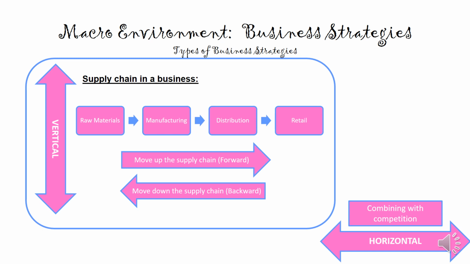Right, if we just quickly look at the supply chain in the business so that we can understand forward and backward integration. If we look at the supply chain in a business, obviously we first need to buy our raw materials, right? The raw materials would basically come from our suppliers. Once we have bought our raw materials, the manufacturing process is going to take place.